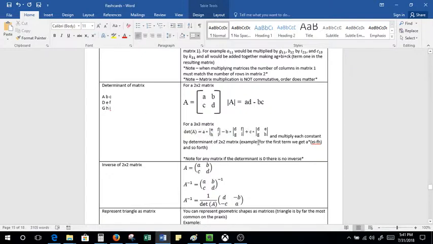That's how that's operating. And note the sign. You go positive, negative, positive, and for bigger matrices than this, you would continue that pattern of positive, negative, positive, negative, positive, negative.